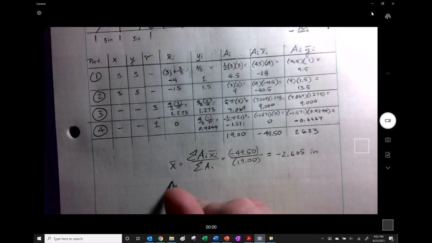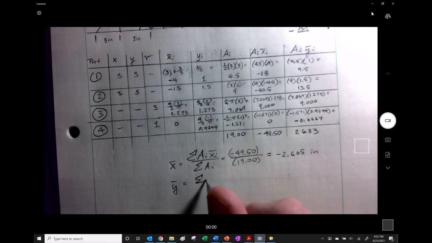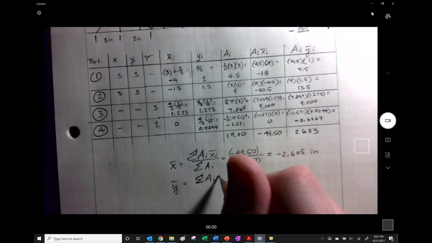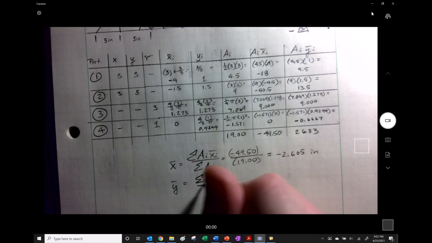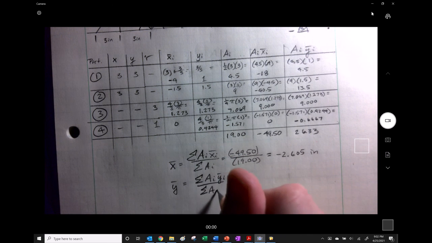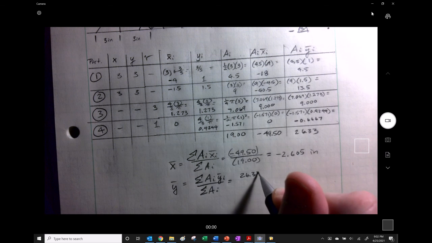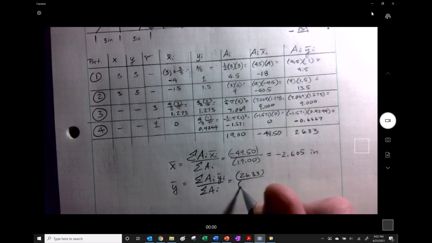And a y bar, summation of area times y bar, over summation of area. And we get 26.33 divided by 19.